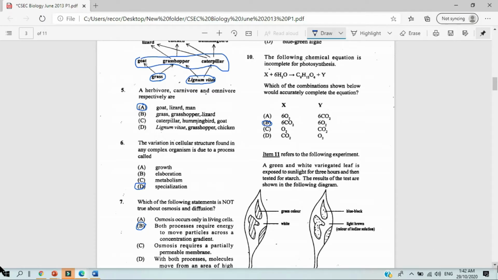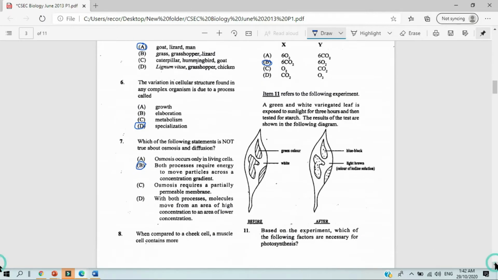Let's move on to question number 7. Question number 7, which of the following statements is not true about osmosis and diffusion? And of course, we are looking at not. You want to pay attention to the word not in your question, as it were, for this question.